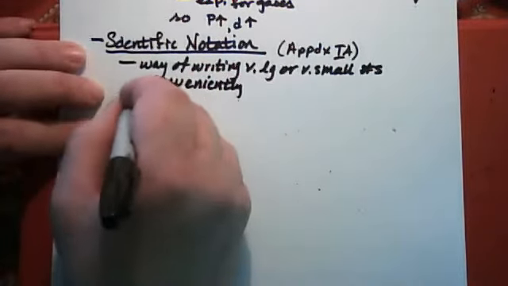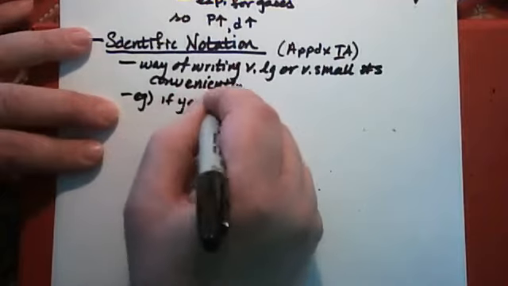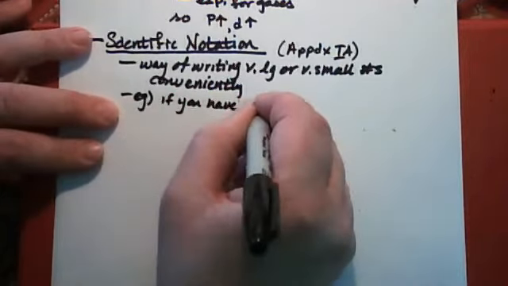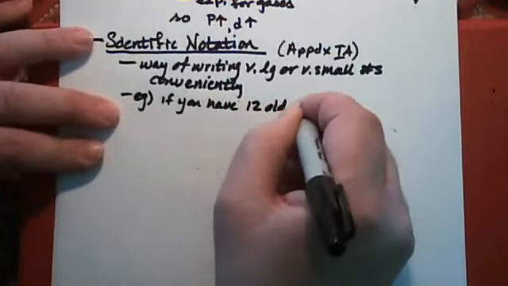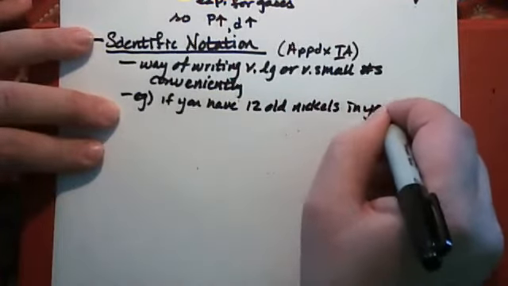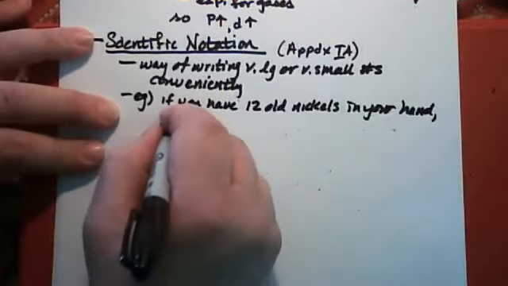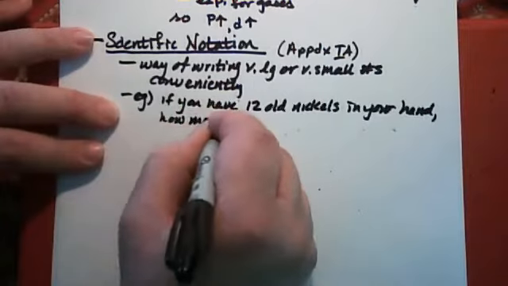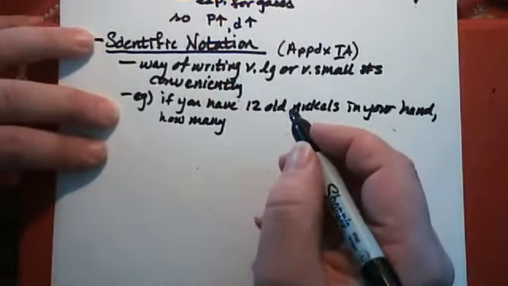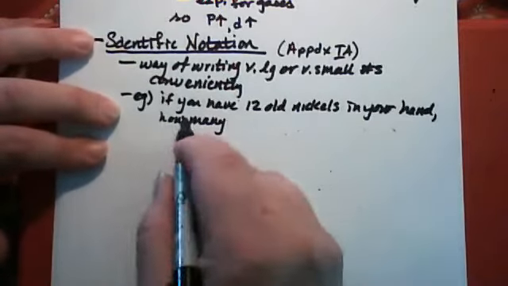Just an example of why you might want to have something like scientific notation. An example of that would be trying to count the number of atoms of any given appreciable amount of any one of the chemical elements.